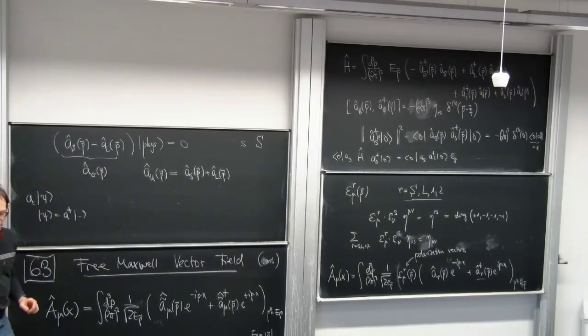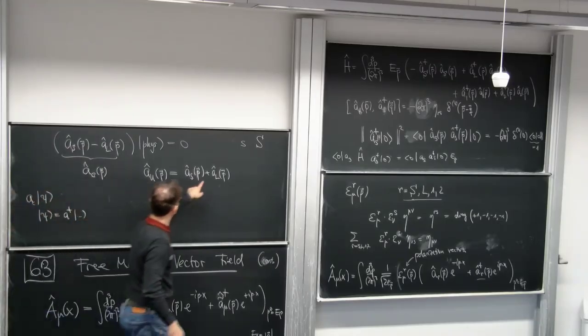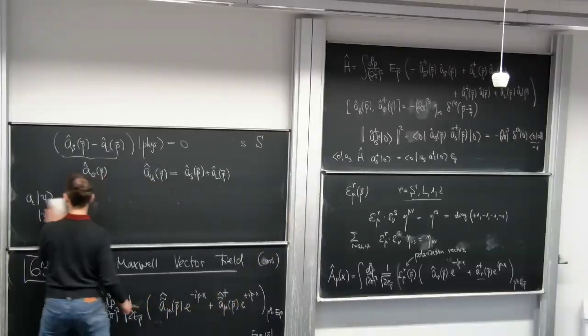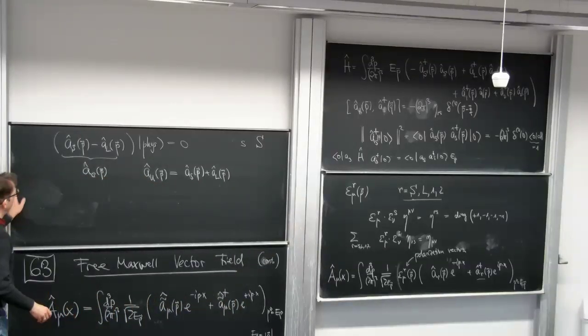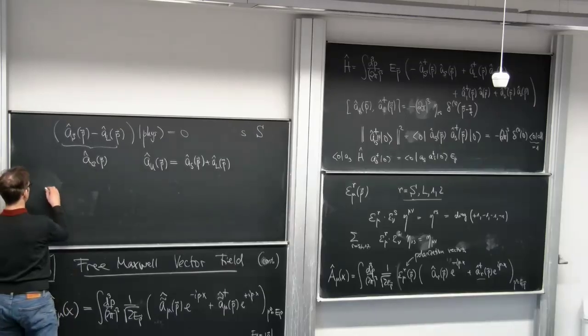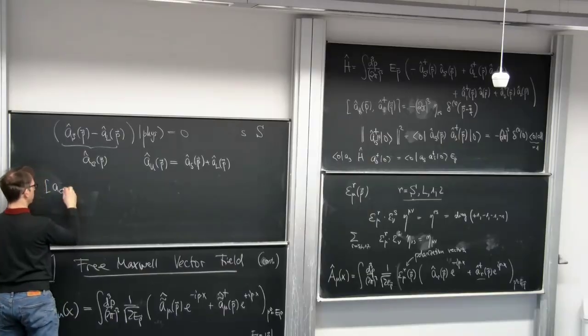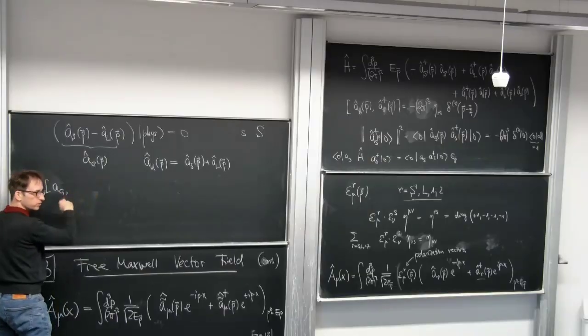But that's wrong. We can't have the other one because of all these signs. And what we need to figure out is AG with AG and AG with AU and U with G and U with U.